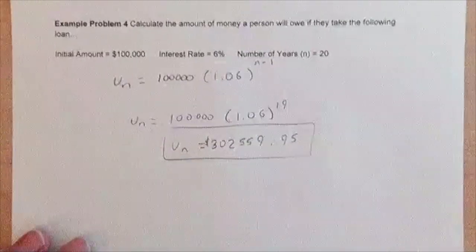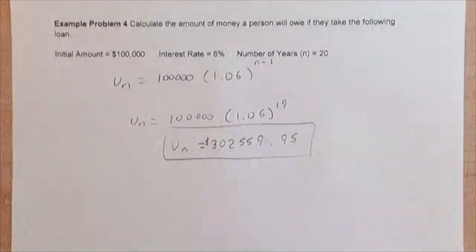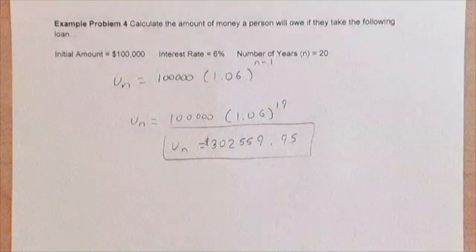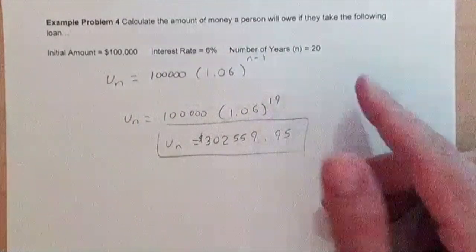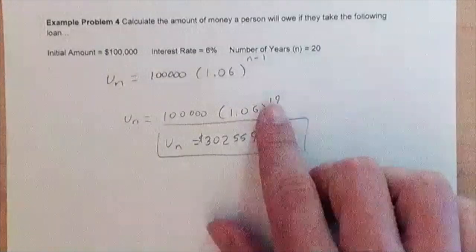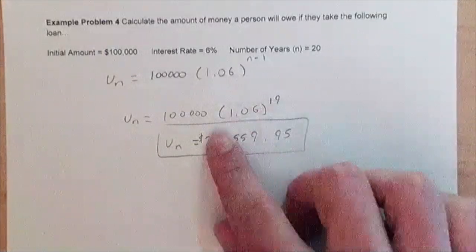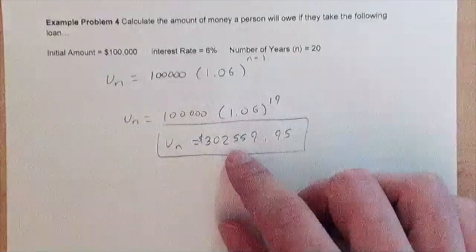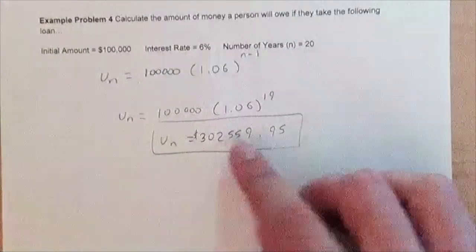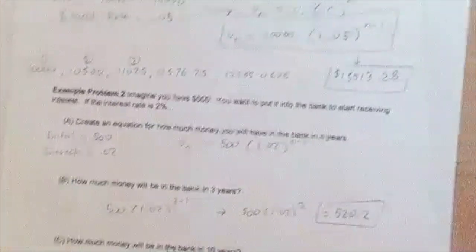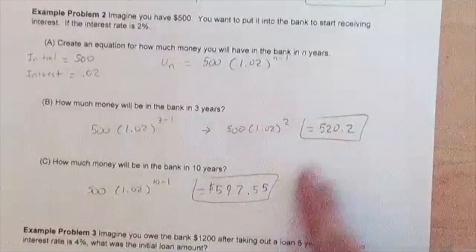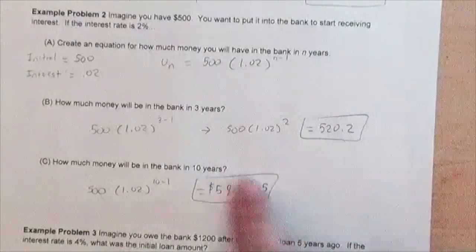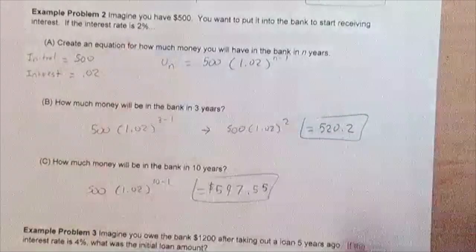So what's cool, and we can just kind of finish with this thought, is that just like in a geometric sequence, if you have a large value, right, like if it's 20 years, if the sequence is 50 numbers long, 100 numbers long, that's going to mean that your value is going to go up by a lot. So when we're doing those first few questions, like this one, for example, think that your $500 didn't even go very far in even 10 years with this interest rate of 2%.